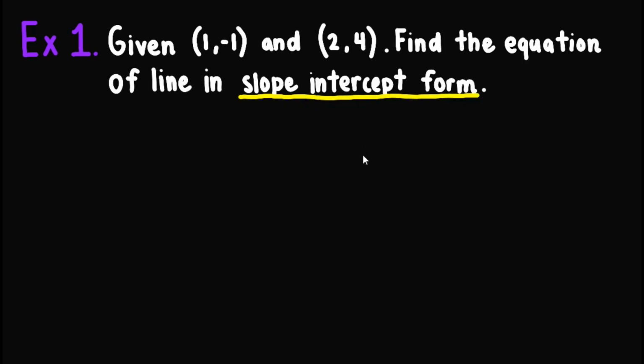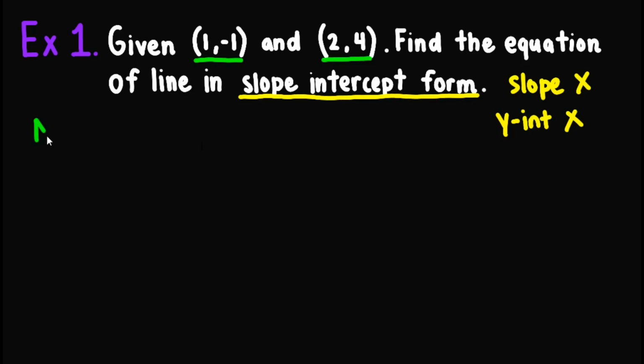But unfortunately, the slope is not given and the y-intercept is also not given. So we can't immediately get the slope-intercept form. But fortunately, we are given 2 points out here. So we can use the 2-point form.